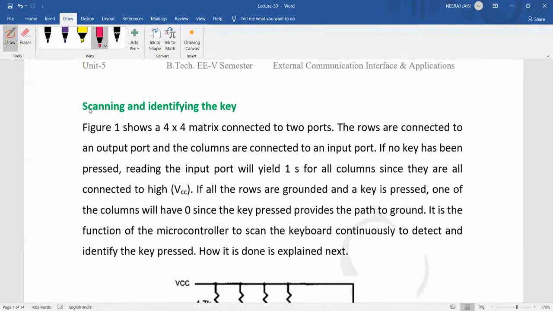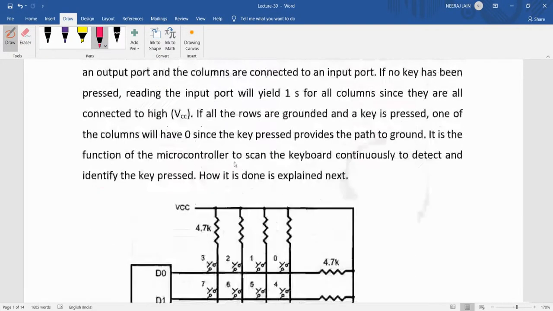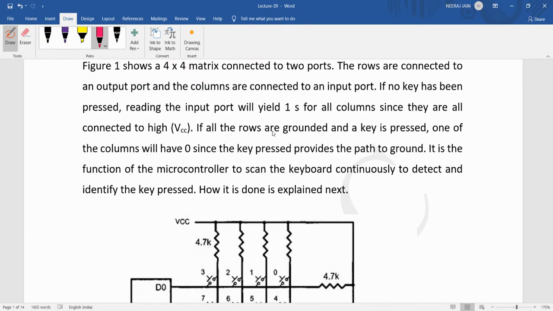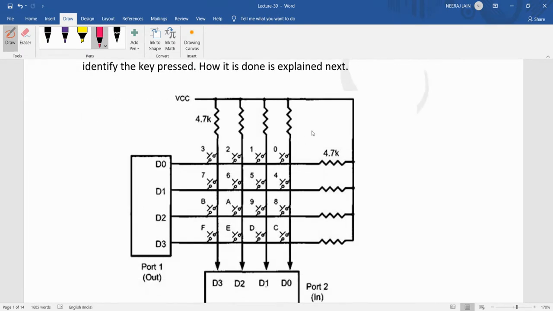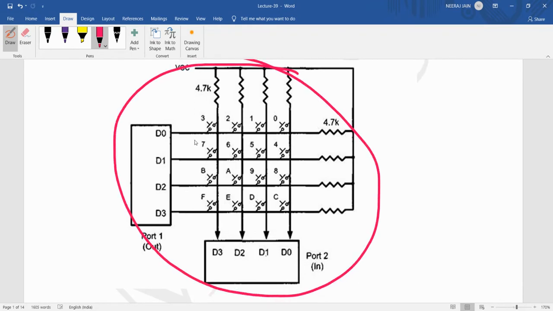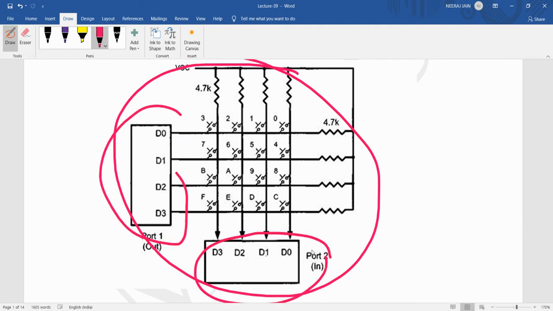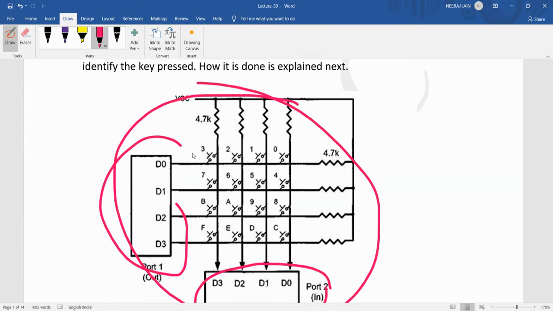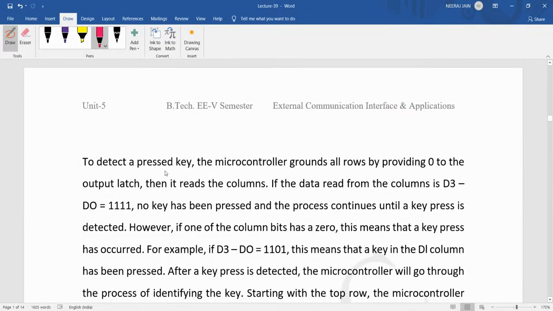As shown in the diagram, we are considering a 4 cross 4 matrix, where rows are connected to one port and columns are connected to another port. In the normal position, when the switch is not closed, it shows 1, and when the switch is closed, the value will be 0. If these rows are connected with 0, then the value will be 0.